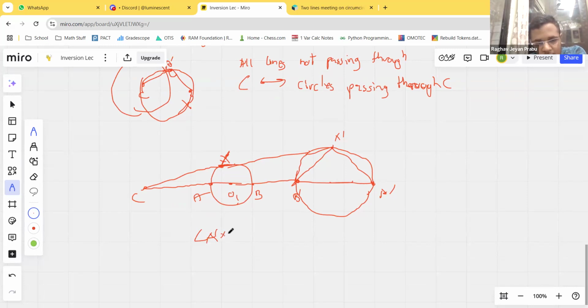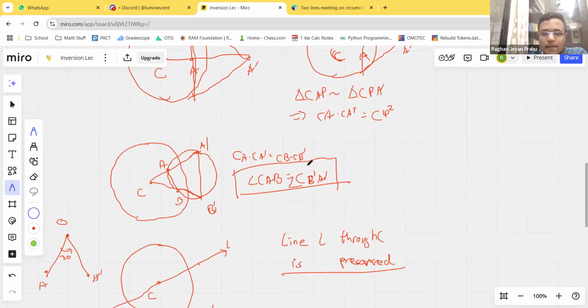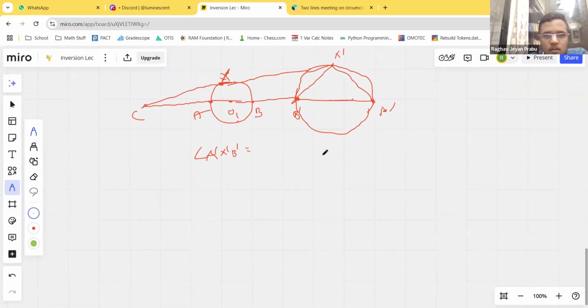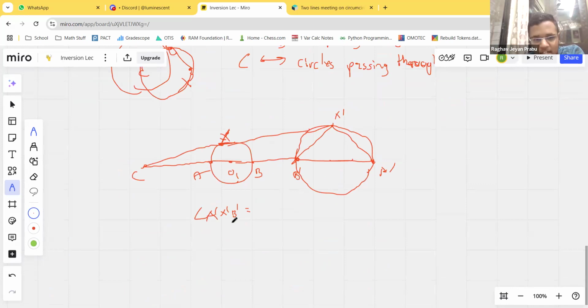So angle A'X'B', now the only relation with angles we know with respect to inversion is this lemma we proved here, right? So we'll try to fit this in. I can rewrite A'X'B' as angle CX'A' minus angle CX'B'.